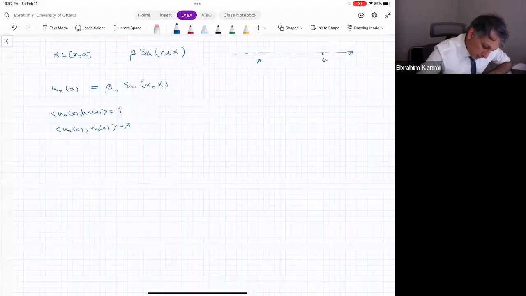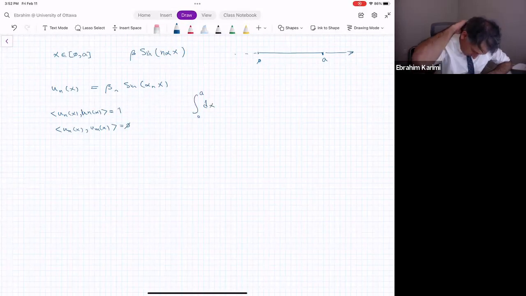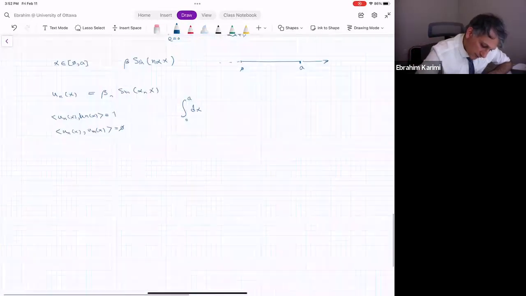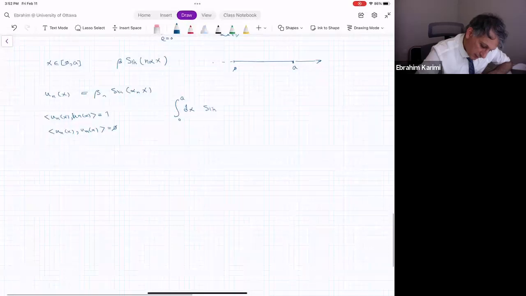The first one will be the integral of dx from 0 to a of sine of alpha_n x times sine of alpha_n x, which should be equal to 1.